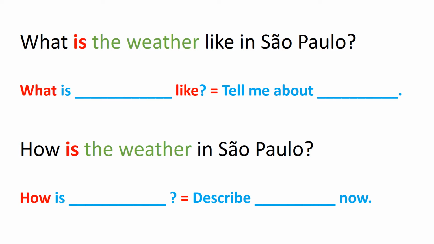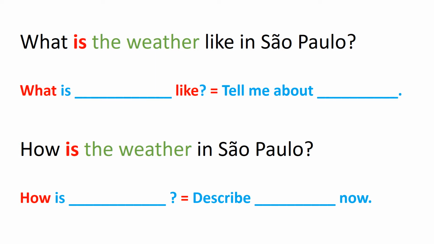If someone asks you how are you, they're talking about this moment. And if they ask what is your father like, for example, they want you to describe your father. Oh, he's tall, he has short hair, he's very intelligent, etc. So this is just for you to get the difference between the question what like and the question how.